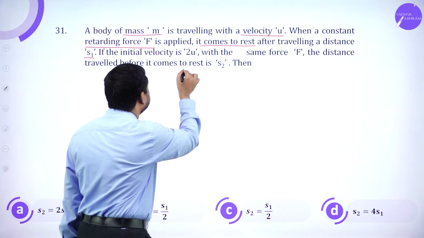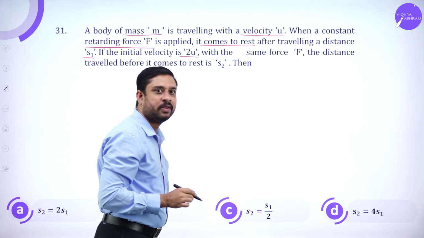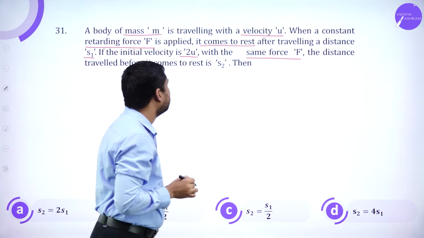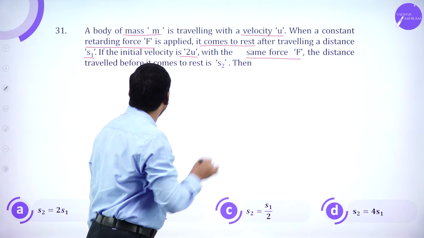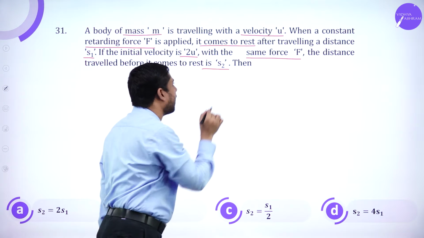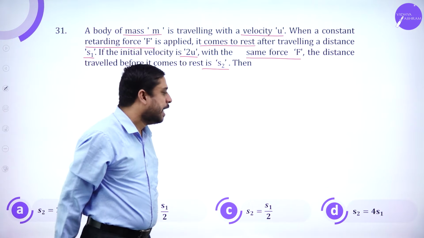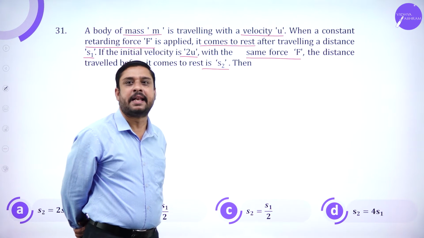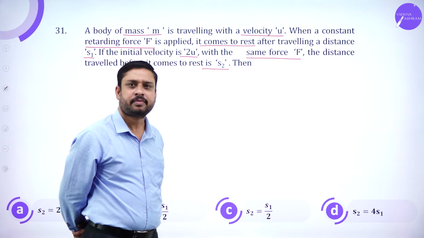If the initial velocity is 2u with the same force, then the distance traveled by it before it comes to rest is s2. Then what is the relationship between s1 and s2?